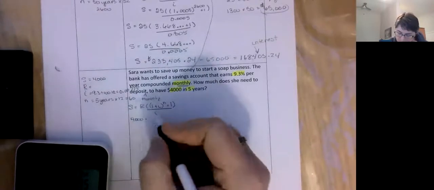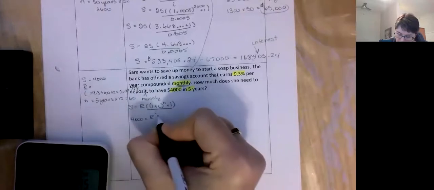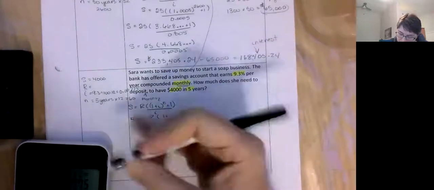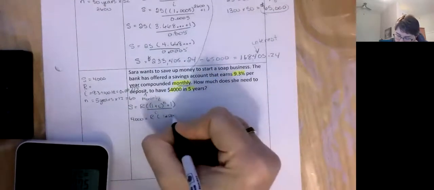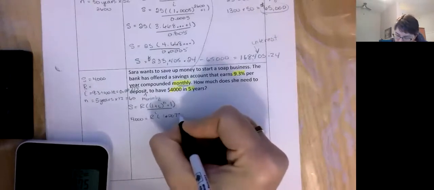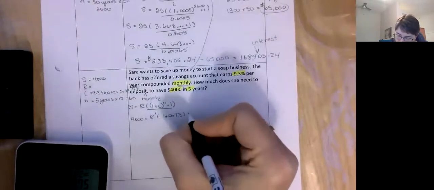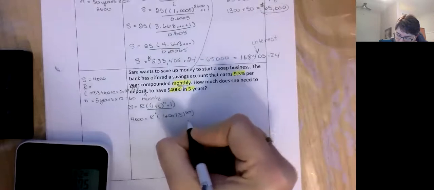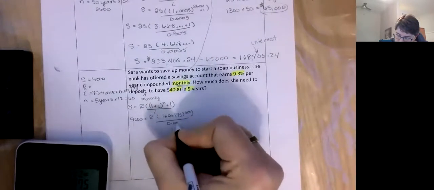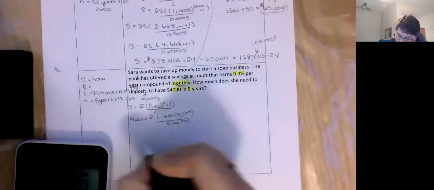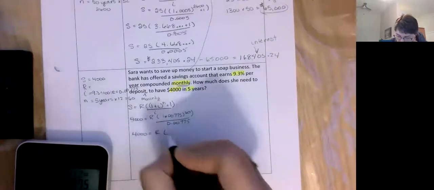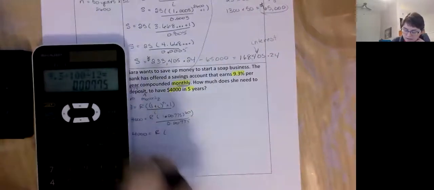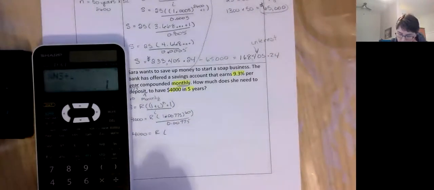So R is what I need to figure out. 1 plus 0.00775 to the 60th over 0.00775. 4,000 is equal to R, plus 1.